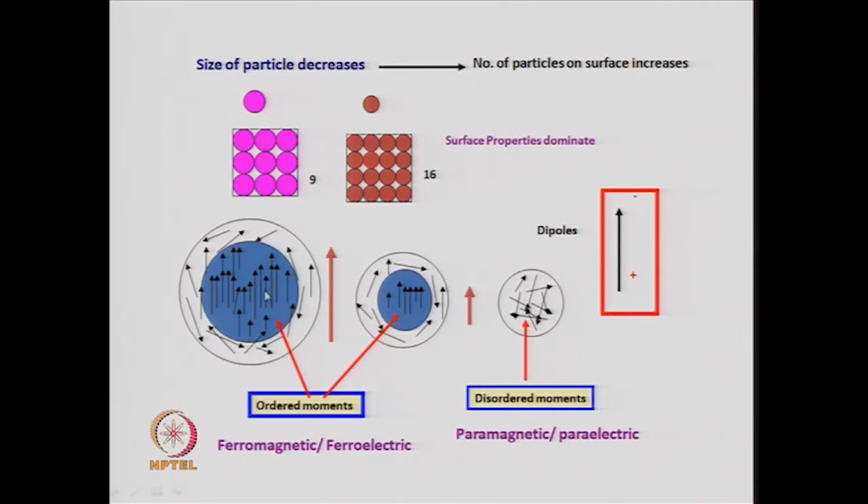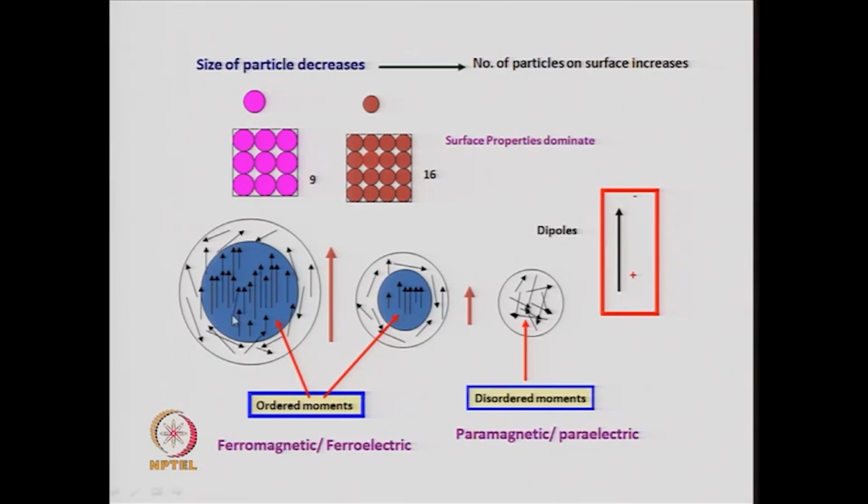So, you will have less number of ordered dipoles in this case than in this case, and so the number of disordered dipoles starts increasing in comparison to the number of ordered dipoles. And if you make the particle still smaller, you may not have any ordered dipoles.